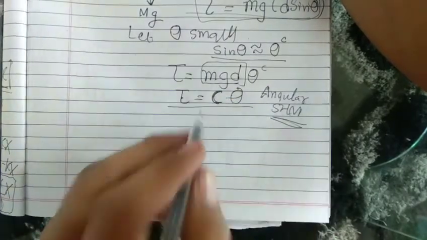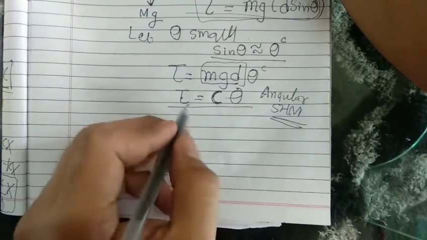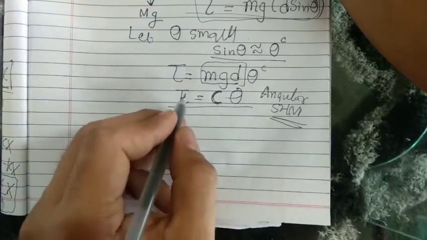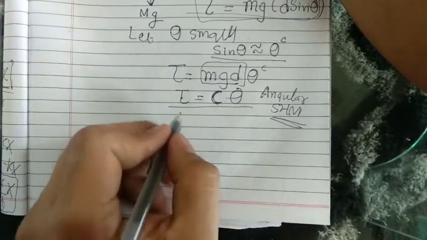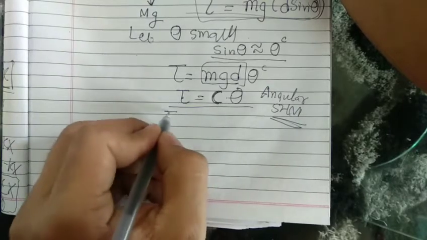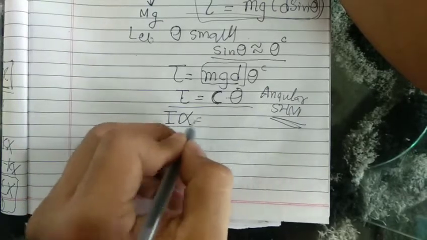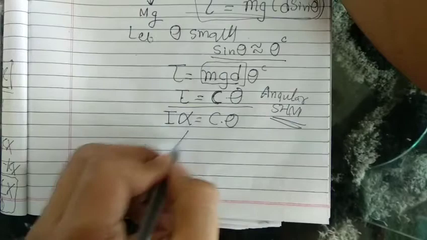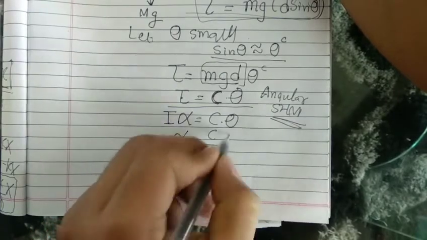As you remember, in the case of angular SHM, the torque acting on the rod can be written as I alpha equals c theta. Alpha will be c by I into theta.